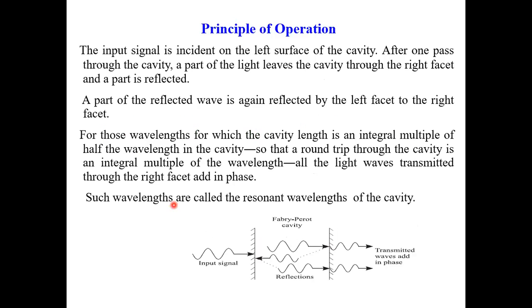I'll show you one diagram, a video for this. The input signal is incident on the left side of the cavity. After one pass through the cavity, a part of light leaves the cavity. So a part of light leaves through the slot on the right side, and a part is reflected back from the mirror. A part of the reflected wave is again reflected by the left facet to the right. So this way the reflection continues.